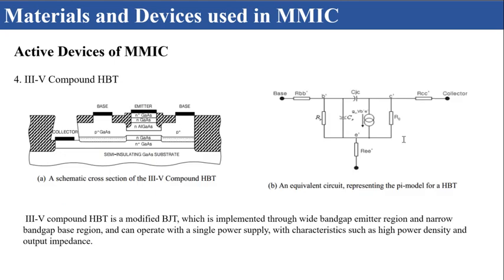And III-V compound HBT is a modified BJT, which is implemented through a wide bandgap emitter region and a narrow bandgap base region, and can operate with a single power supply with characteristics such as high power density and output independence.